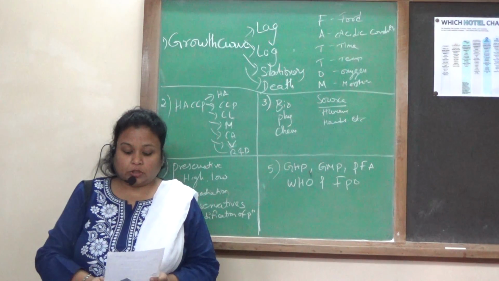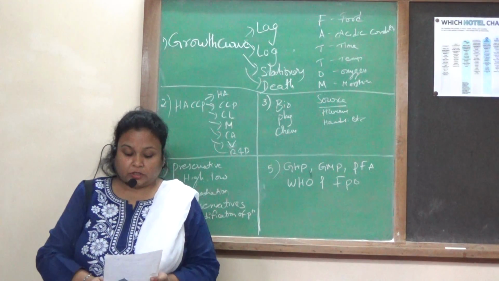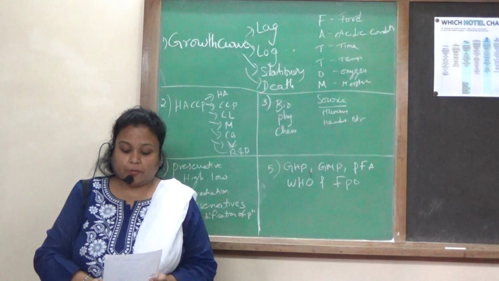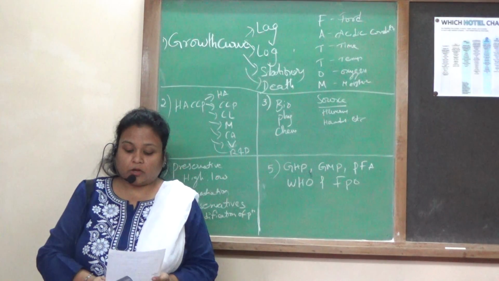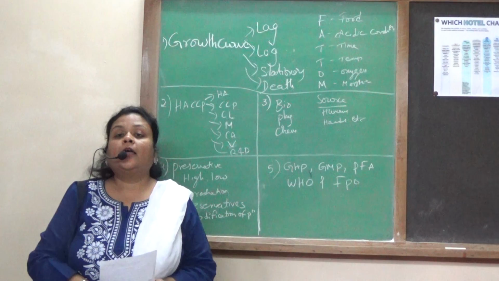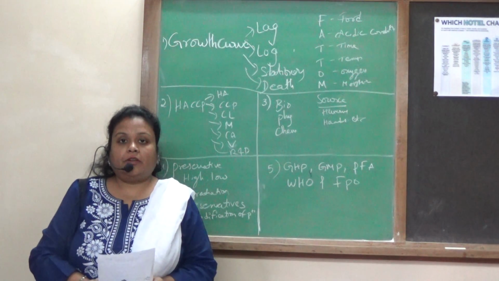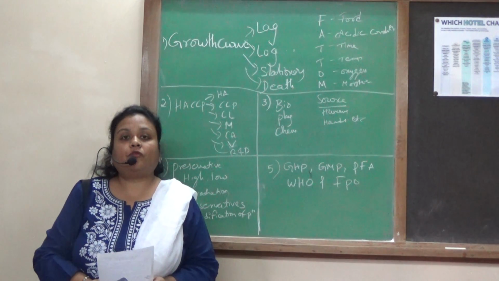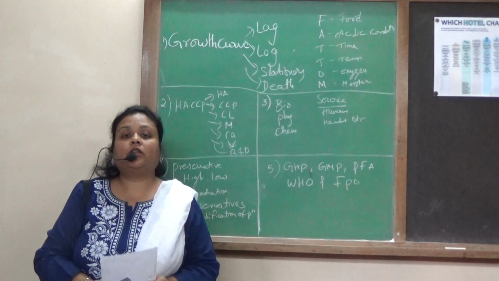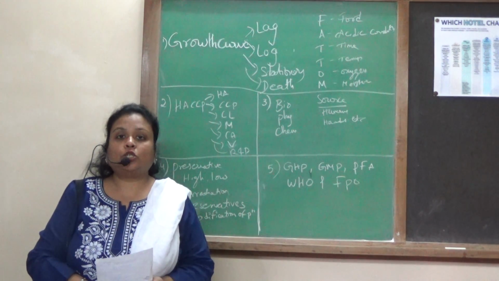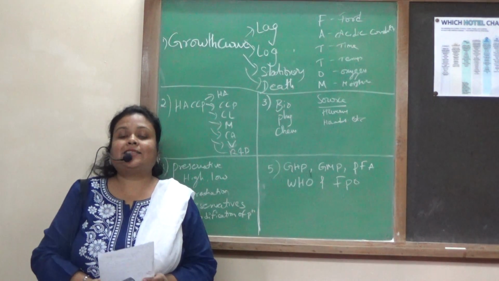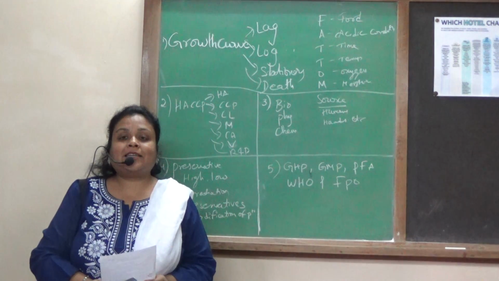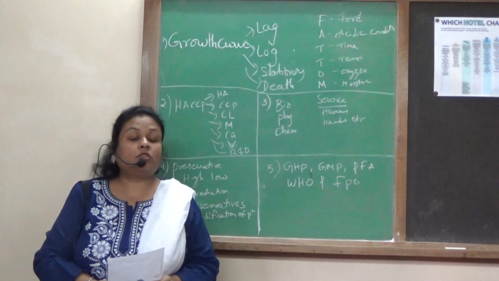Now the other option for this fifth question is discuss the role of Codex Alimentarius and World Health Organization in the food industry. The Codex Alimentarius committee was made by FAO, that is Food and Agriculture Organization, and WHO, that is World Health Organization, joined together, and they made this Codex Alimentarius, which is an international standard which includes various laws.